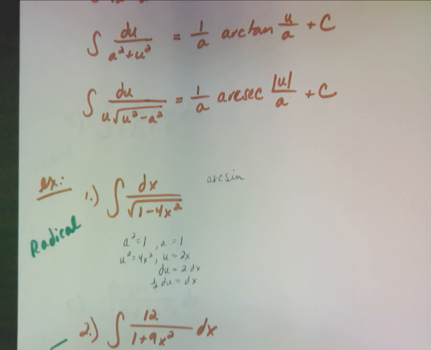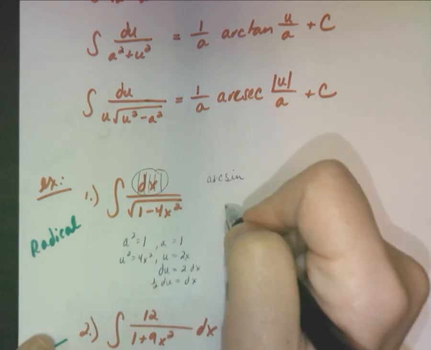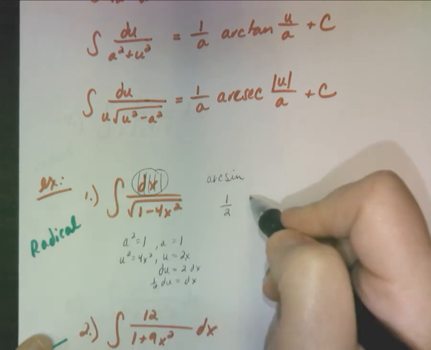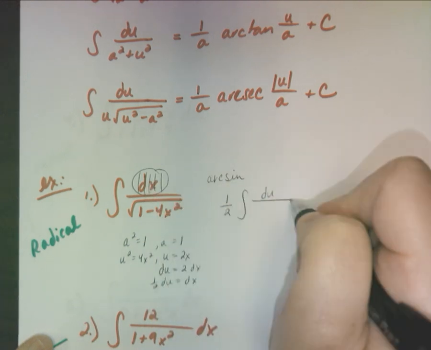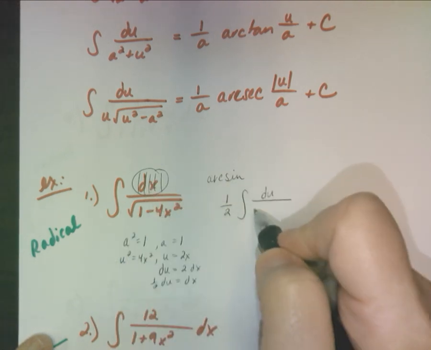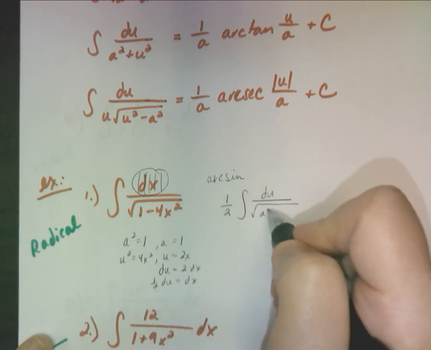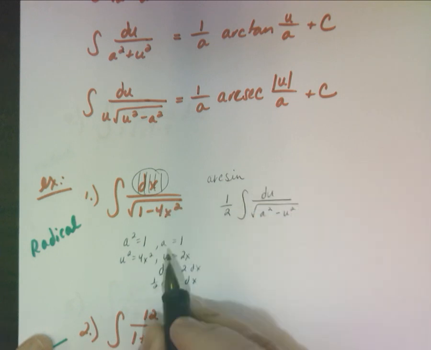Okay, so now let's rewrite this with everything that we have. So this dx is going to be 1/2. I'm actually going to pull it outside the integral. I'm going to replace this with the du then. Then underneath here, I would have the square root of my a squared minus my u squared, which we have our a and we have our u.